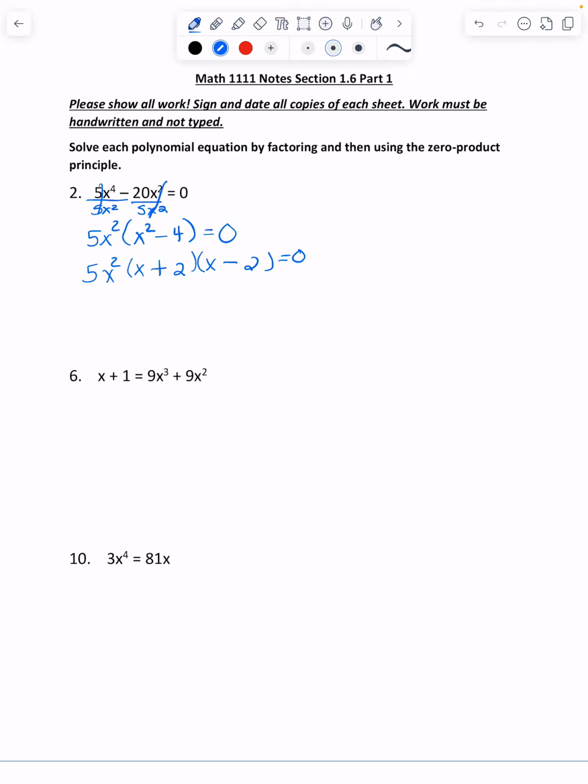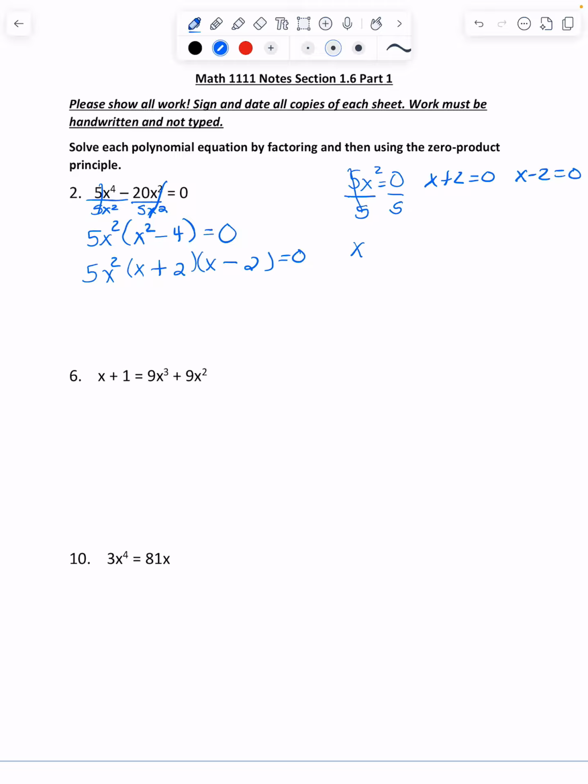After we factor completely, we're going to set each factored part equal to 0. If you'll notice, the degree of this problem, which is the highest exponent, is 4. So I really should come up with 4 answers. I'm taking each of those factored parts and setting them equal to 0.